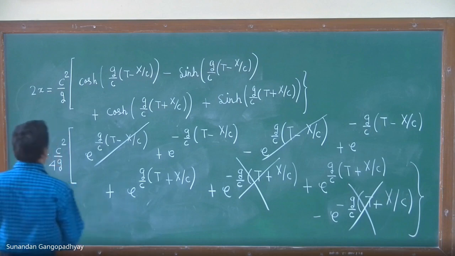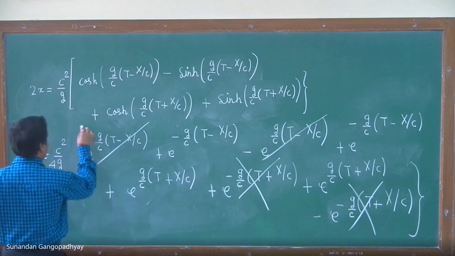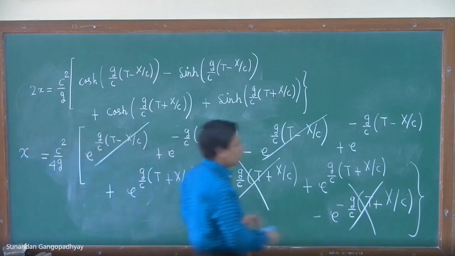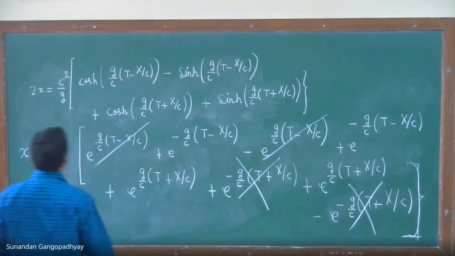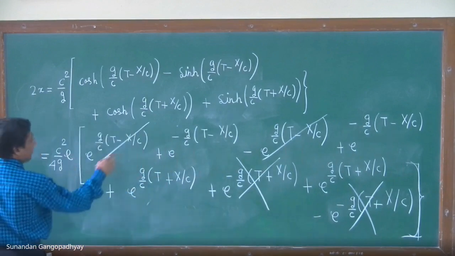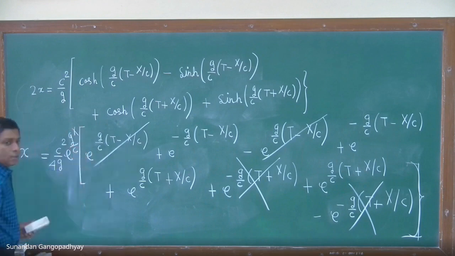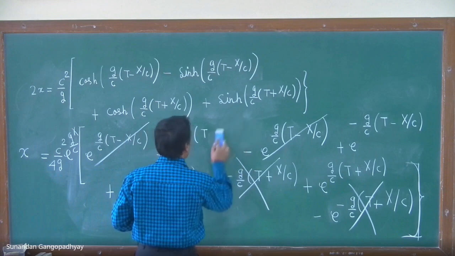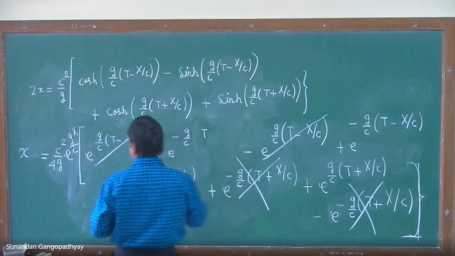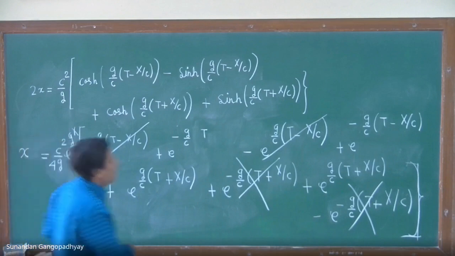So e to the power of gx by c square is common from each of the terms. You can just get rid of this. Dx by c square, that goes out.